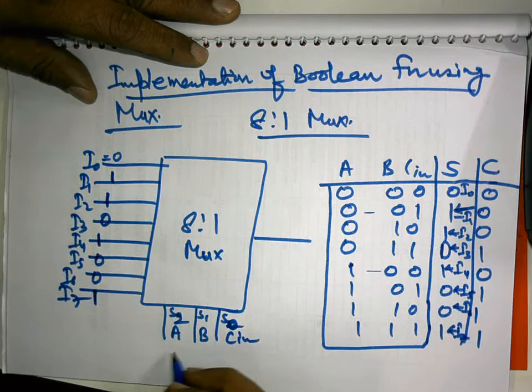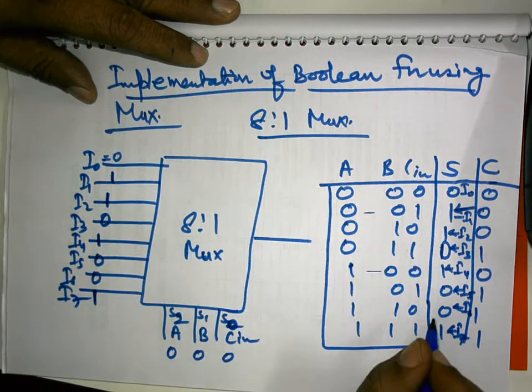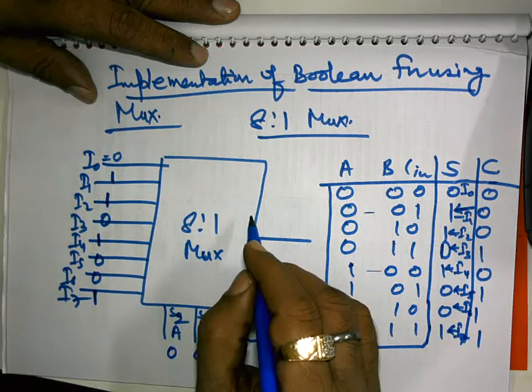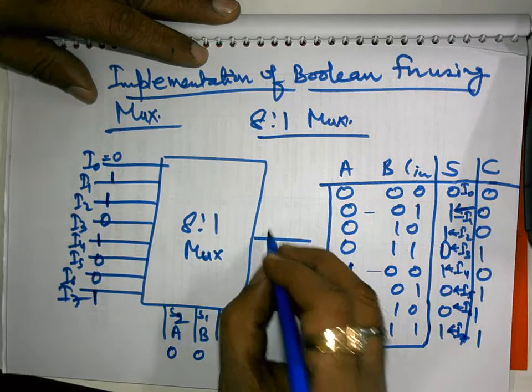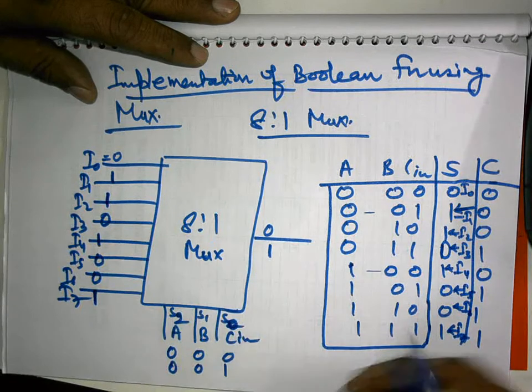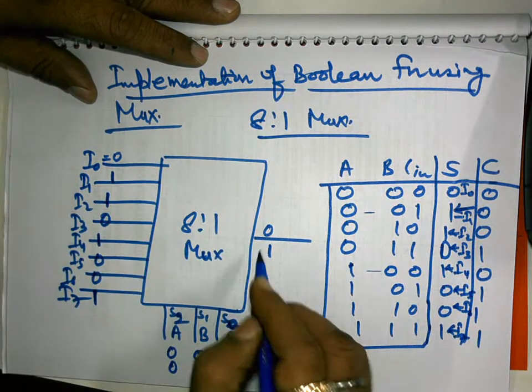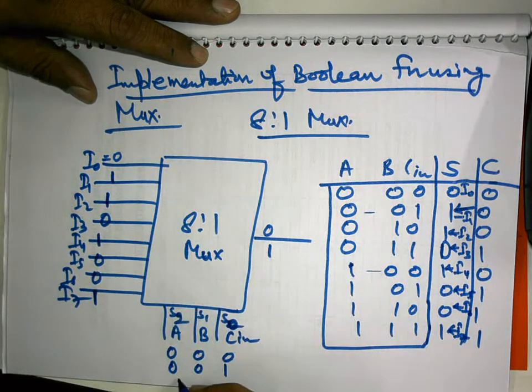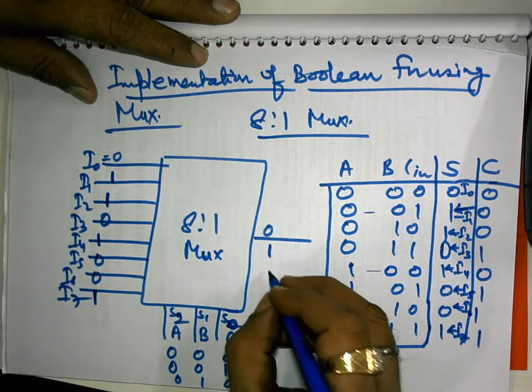So if I put 0 0 0 over here, what comes at the output? 0. Okay. If I put 0 0 1 over here, what comes at the output? 1. Okay. If I put 0 1 0 over here, what comes at the output? 1.